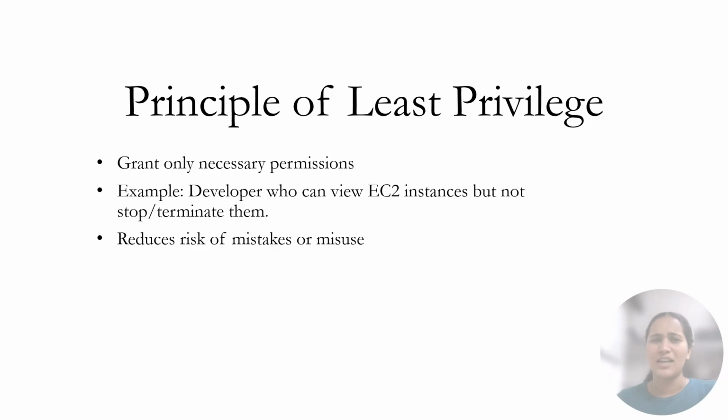For example, if a developer needs to view EC2 instance details but does not need to stop or terminate instances, they would only be granted the permission to access the EC2 instances, not the permission to modify or delete them. This approach helps prevent mistakes or intentional misuse of access, keeping your AWS environment safer.